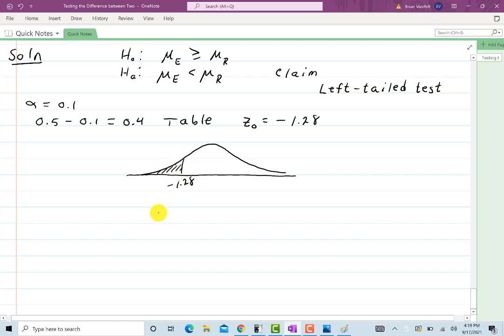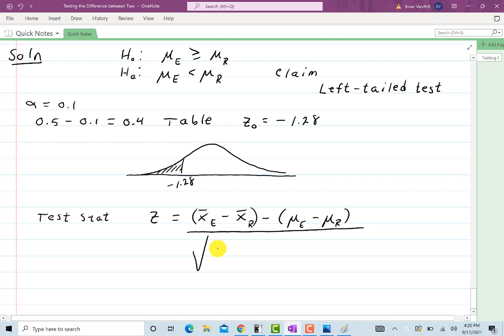Let's calculate our test statistic. That's z equals x1 bar. Well, I'm not using ones and twos. I'm using e minus x bar for reading minus mu e minus mu r divided by sigma e squared all over ne plus sigma r squared all over nr.